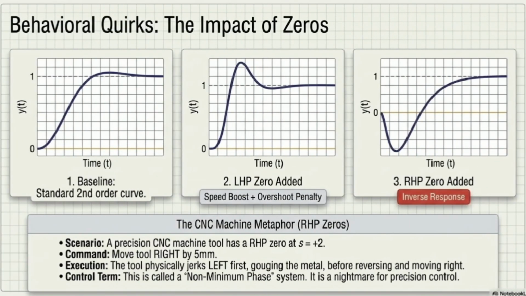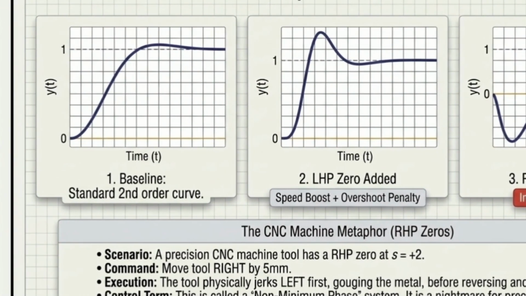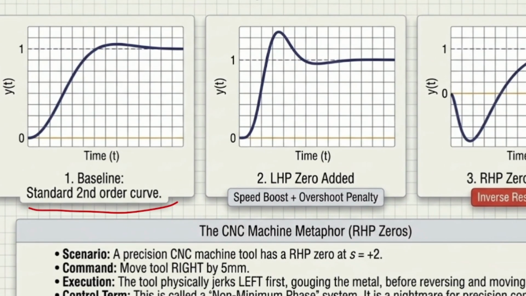As I just mentioned, the impact of zero is related to the transient response, because the DNA of the system, the poles, decide what happens at the end of the day. Imagine that you have the standard second order curve, so it's going to be like this with no issues, because you have a very stable condition and you don't have that many zeros here, so everything is fine. And an LHP zero means that the zero is added. So at this point, I'm going to have a little bit of speed, and some kind of overshoot penalty.